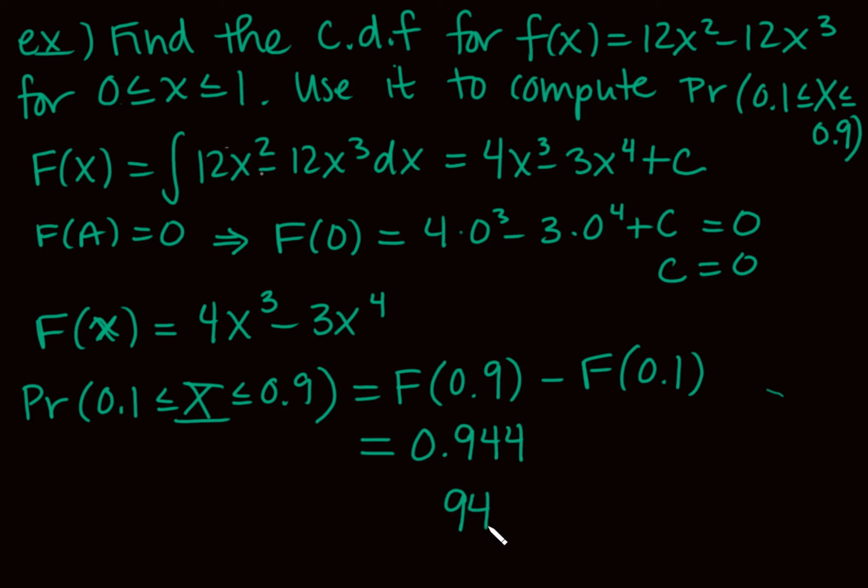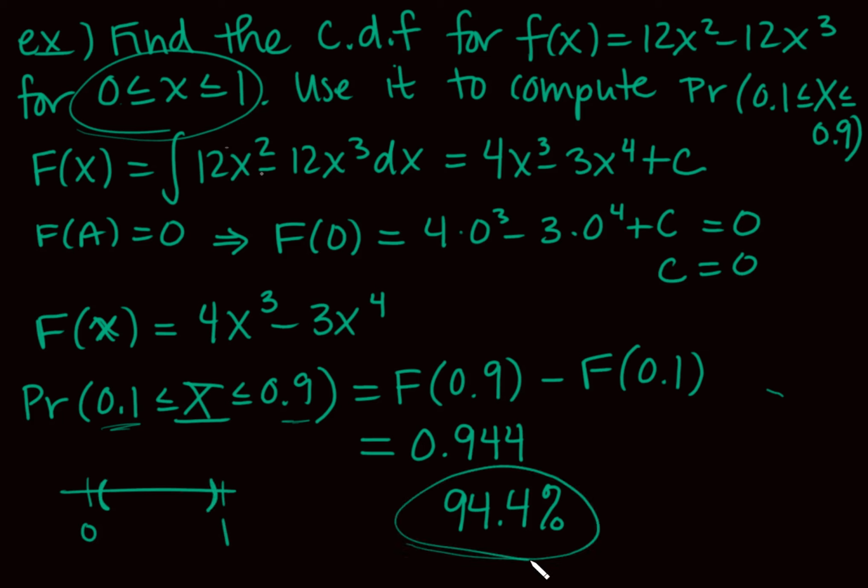Why? Because I know that the probability over the entire interval from 0 to 1 is 1, or 100%, but I'm looking between 0.1 and 0.9. I've almost grabbed that entire interval, so I would expect to be pretty close to 100%.